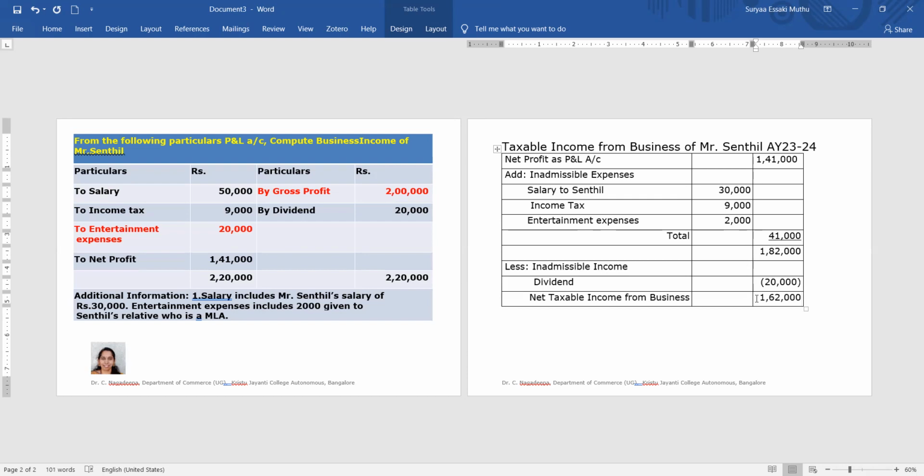So this is the answer as per income tax. This is the taxable income from business. Okay, you can see the difference: the calculated income is 1,41,000, but as per income tax, the income is coming to 1,62,000. So he has to pay the tax based on the taxable income only. I think it is very clear. You understood.